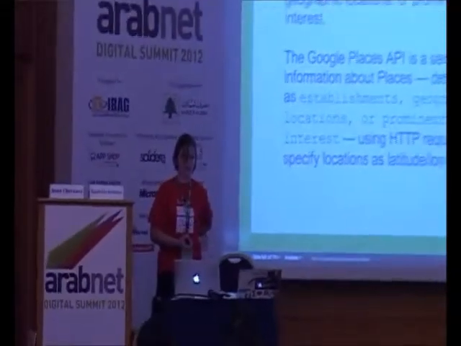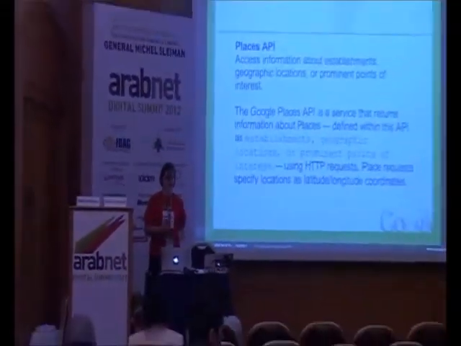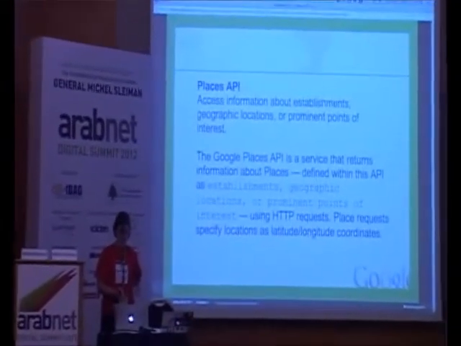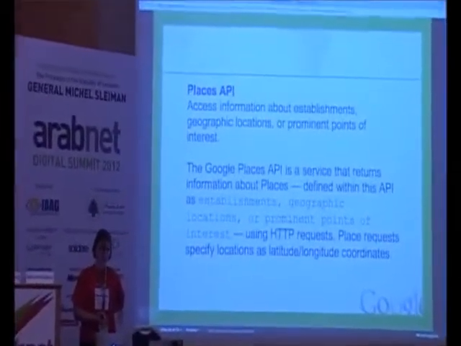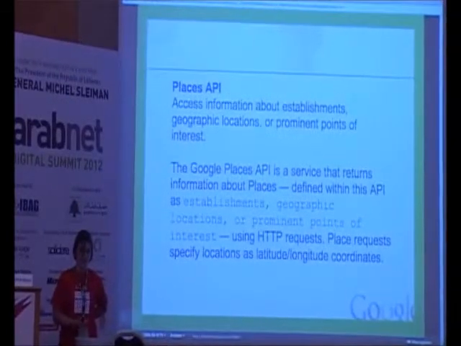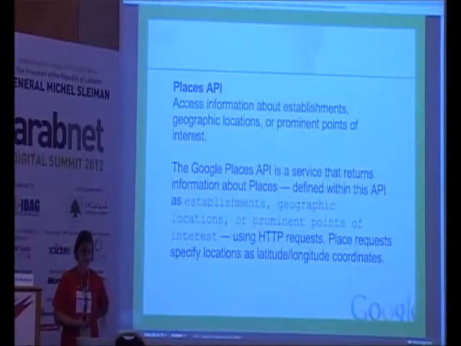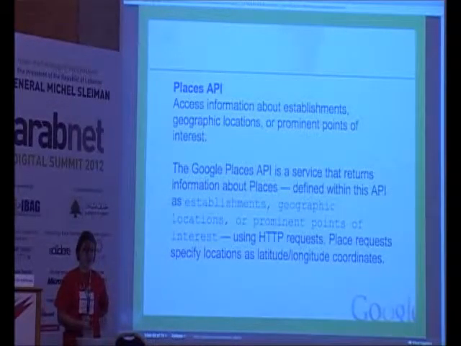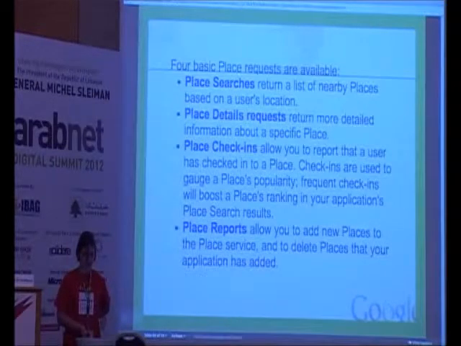It's like 15 million places, and you can query them using the Places API, and you can also get detailed information about businesses, geographical locations and points of interest. So you would use their specified format and get out XML or JSON objects.